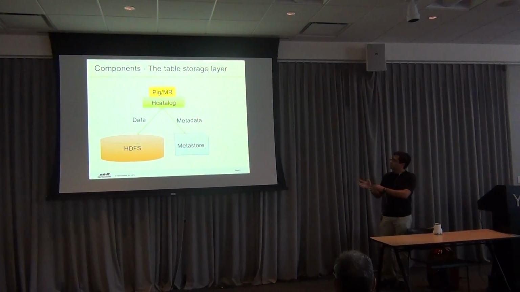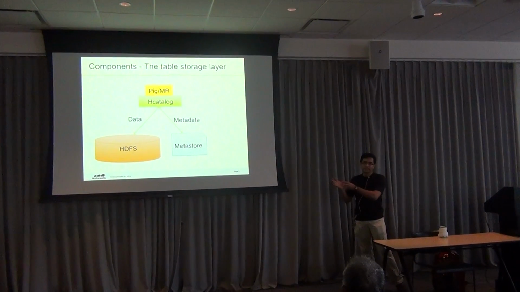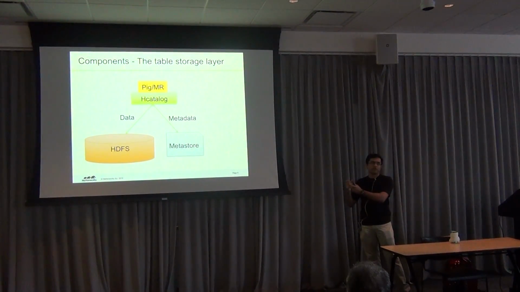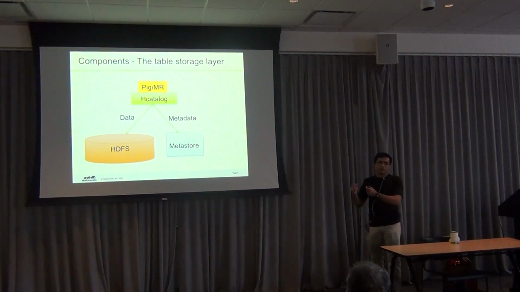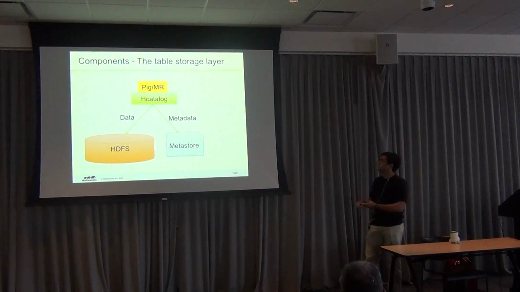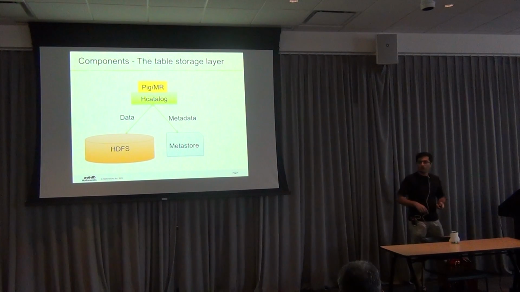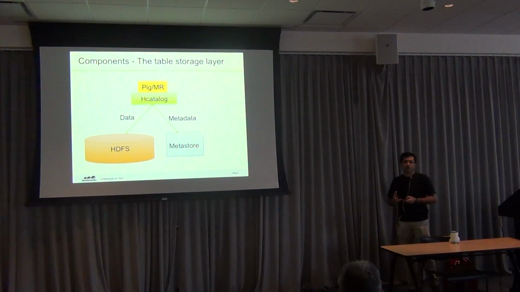And when they access Hive as a table, there are two components that are relevant here. One provides data, and that is HDFS, and the other component provides metadata, which is the Hive metastore. So let's talk about how authorization is done for these two components.